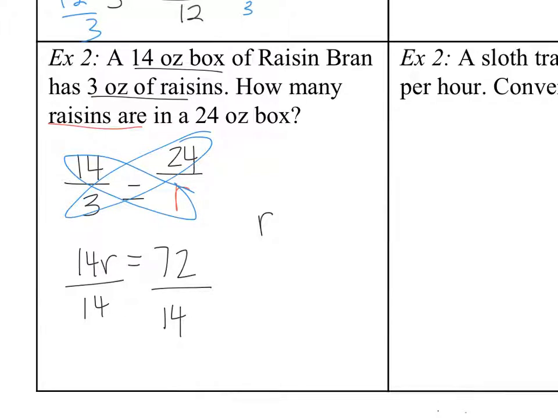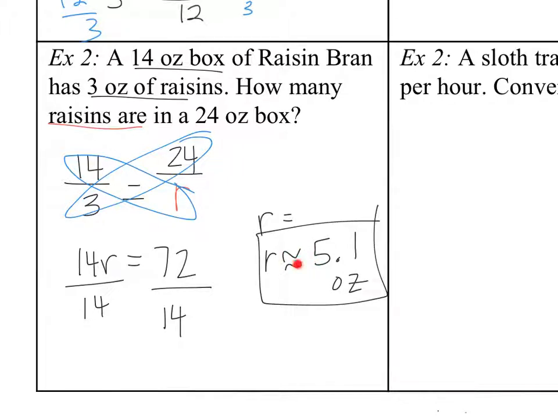It's a repeating decimal. I don't want to answer raisins equals 5.142857. I'm going to answer raisins is approximately equal to 5.1 ounces. So I'm rounding, so I want to use this approximate symbol. Remember, whenever you round, you want to approximate.